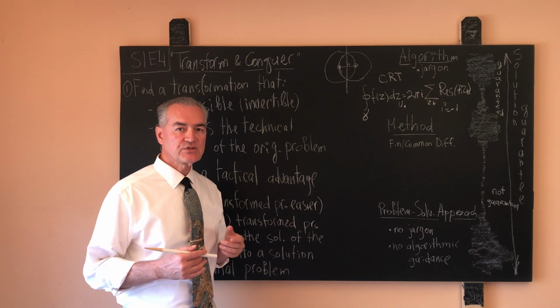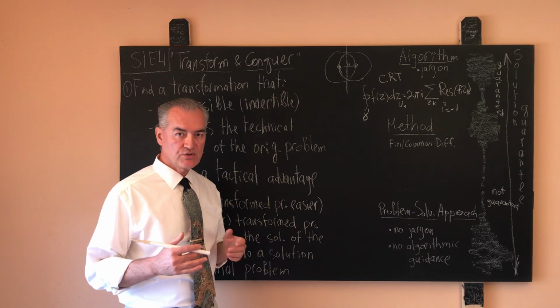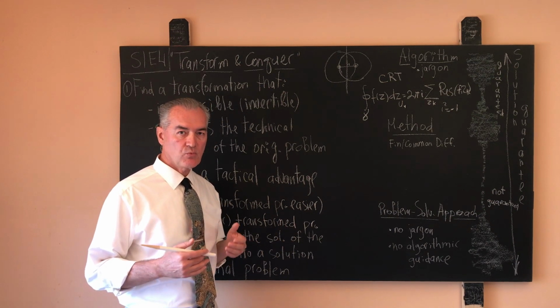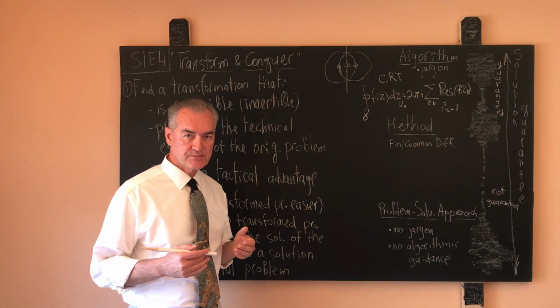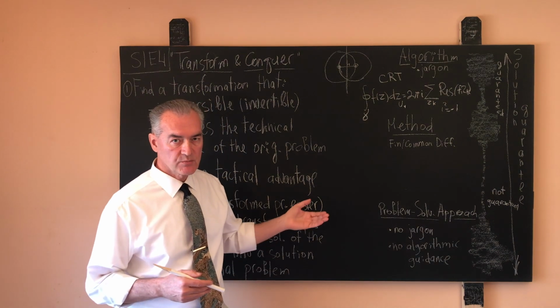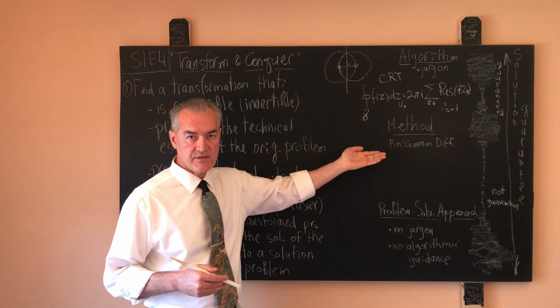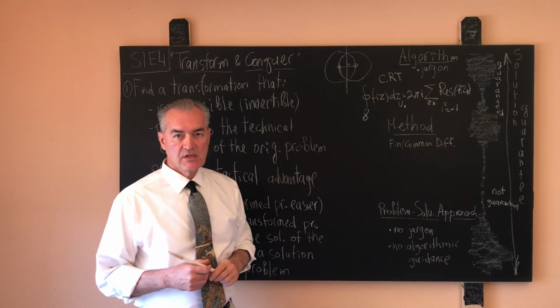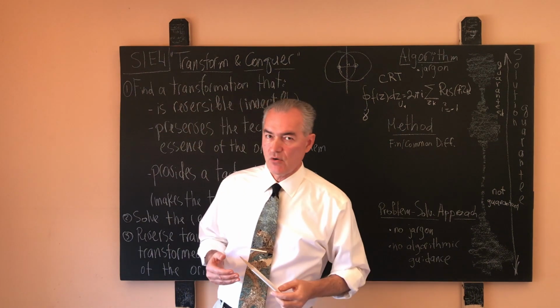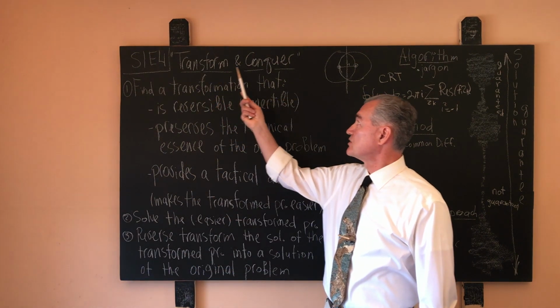And the experience of seeing which problem-solving approach works in which particular case will come with time and experience. Now that we understand a little bit what a problem-solving approach is and how it stacks up against a method and an algorithm, let me explain the mechanics of the transform and conquer problem-solving approach.